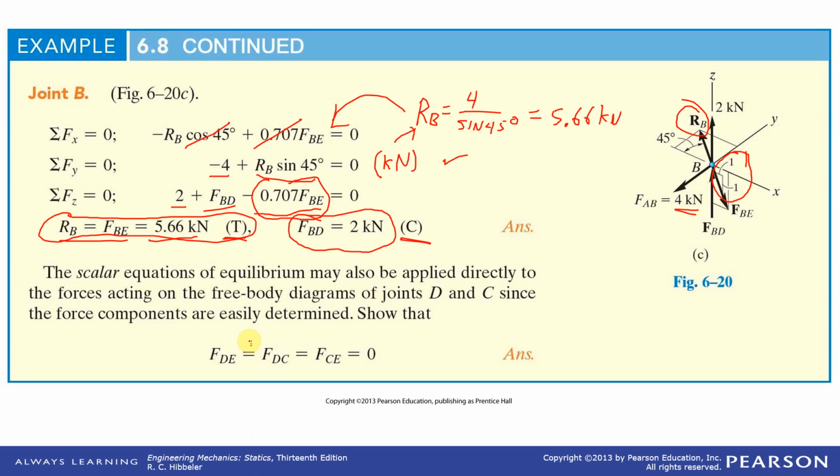So I will leave this one up to you guys to show that the rest of the beams result in zero forces. We've gone through a couple joints, so you can figure out the other 2 joints.